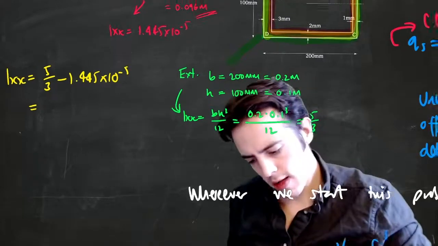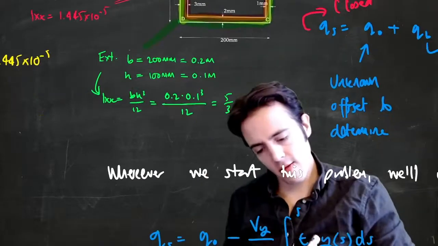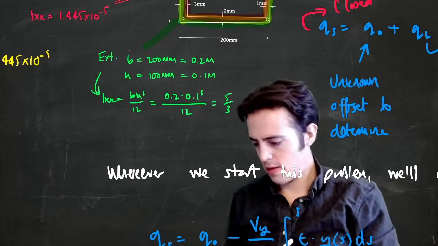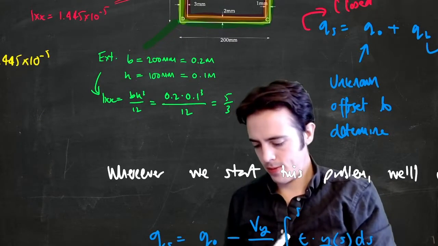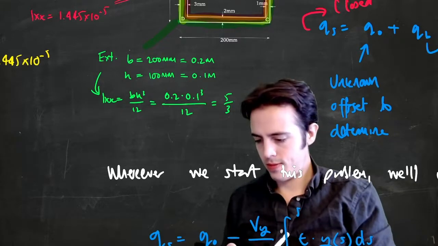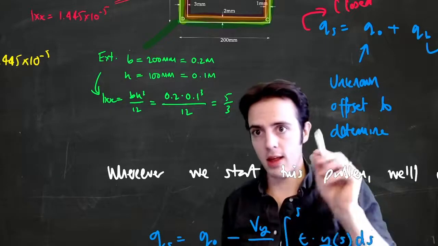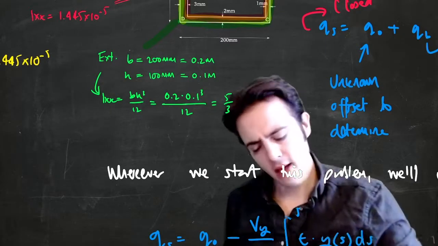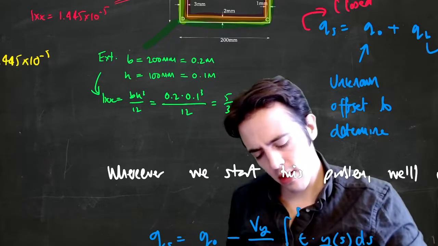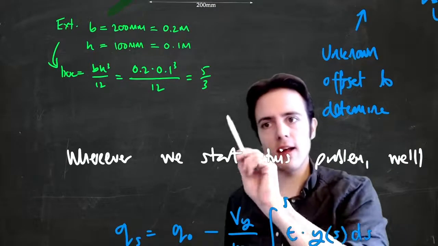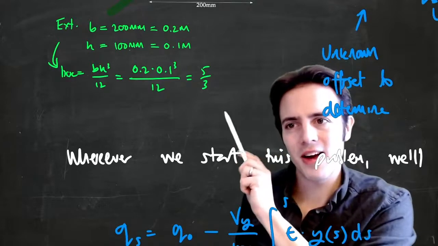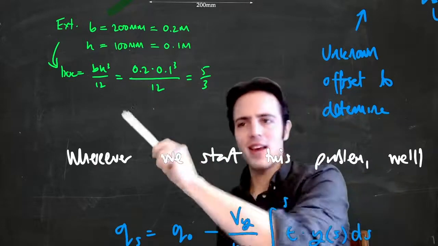That number isn't right. Where have I made a mistake here? Let me have a look. Okay, it's this number here. It's not 5/3. And I should have been able to see that because that's clearly not right. Again, this shows you it's difficult to sometimes do this live. 5/3 is bigger than 1. This can't be bigger than 1.